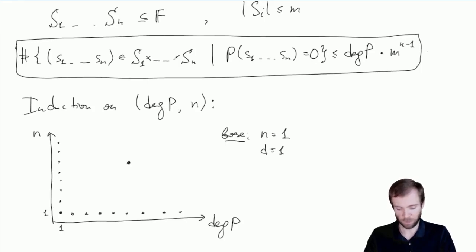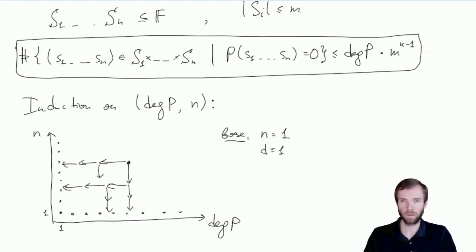So to prove the proposition for some point of parameters, we rely on pairs of parameters that are standing to the bottom and to the left of this point. Thus, eventually, we get to one of our base cases, and so our proposition is true for all the possible combinations of parameters.